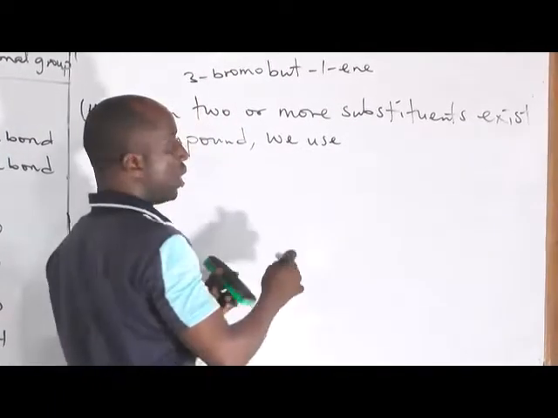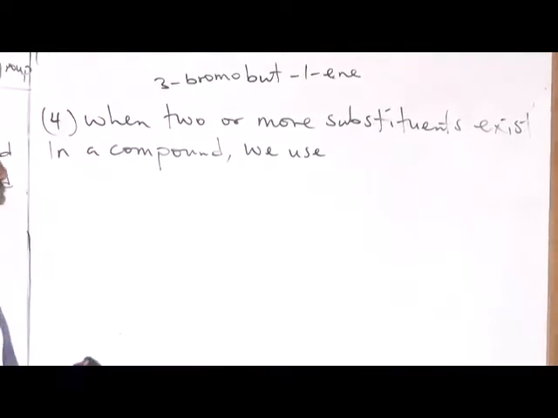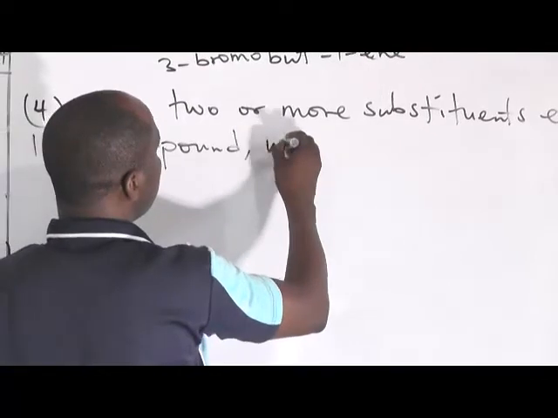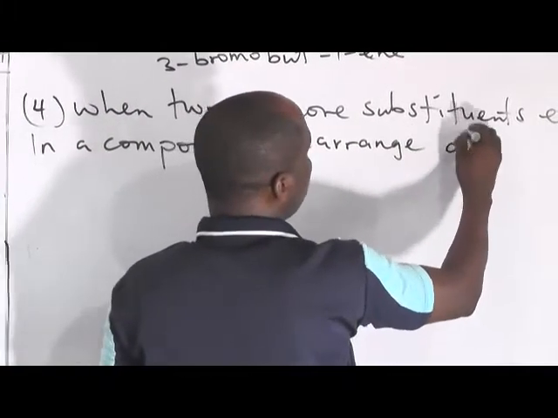Alphabetical order. So when you have 2 or more substituents in a compound, then arrangement is done in alphabetical order. We arrange alphabetically.